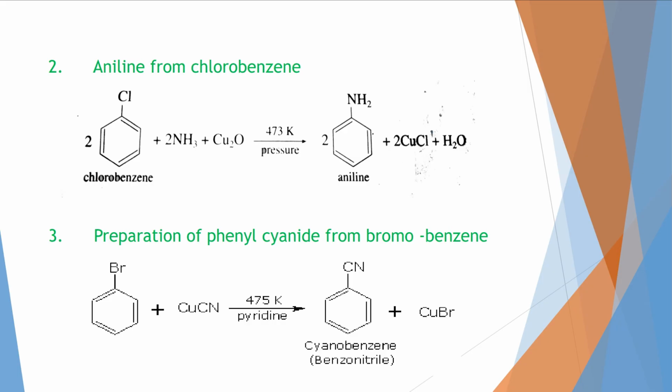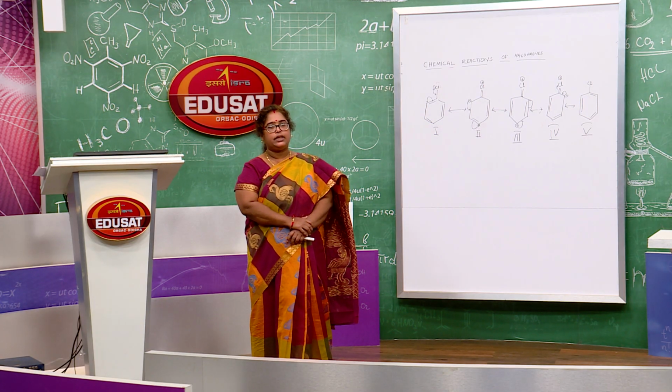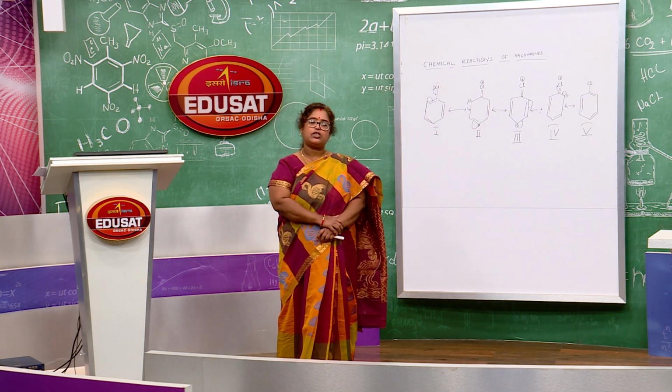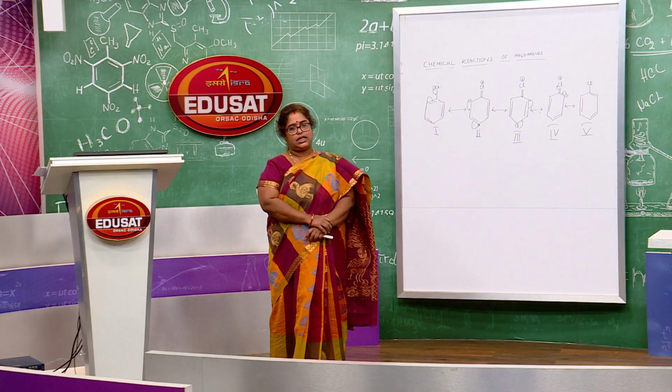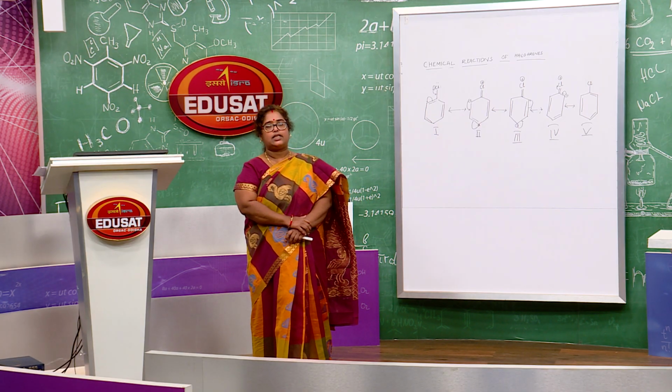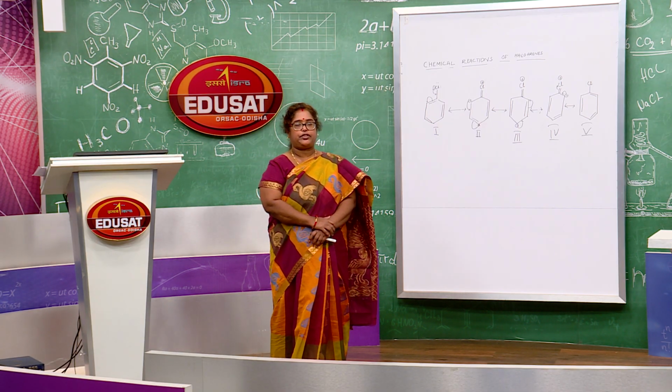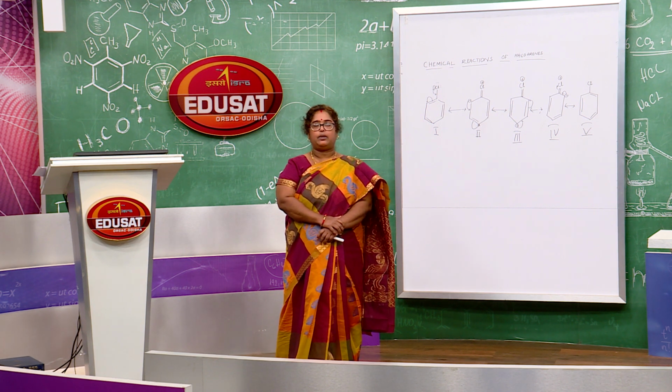So these are some of the reactions of the aromatic halides, which occur only under drastic conditions, or is there some other solution to it? That I want to tell you.